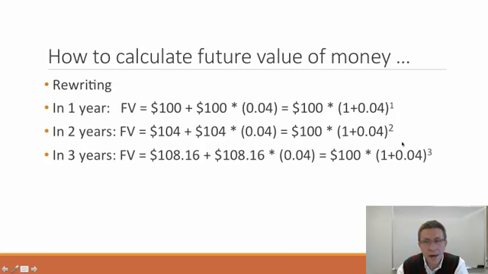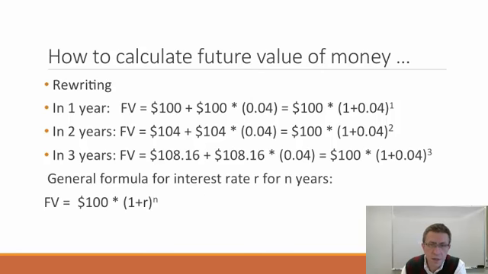If you want to look right now, this same formula actually holds. How much is $100 worth right now? Well, it's $100 times 1 plus 0.04 to the 0th power. Anything to the power 0 just equals 1. So this formula even holds for this exact moment. And this is our general formula.